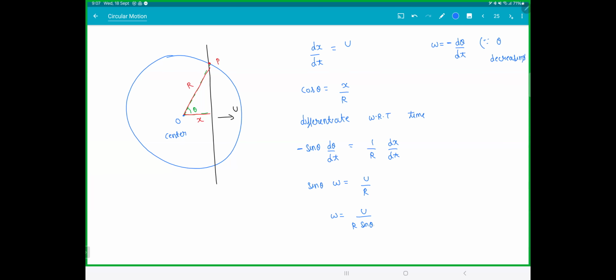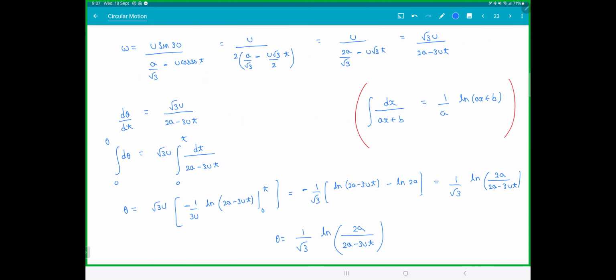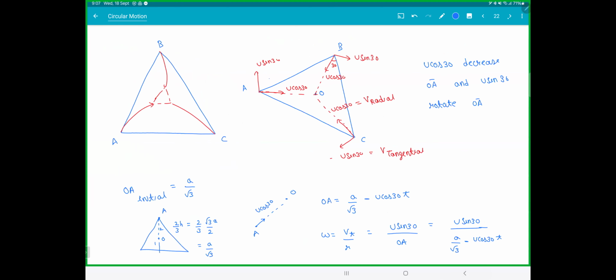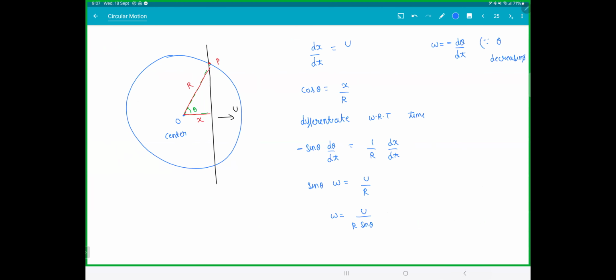So the main idea is to get theta in terms of x and then differentiate. And if you see, that's what we did in this rod problem also, isn't it? We got theta in terms of x, cos theta, and x will be differentiated. Have a look at this. Let me ask you one more like this.